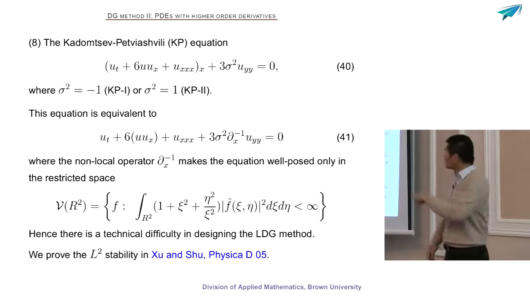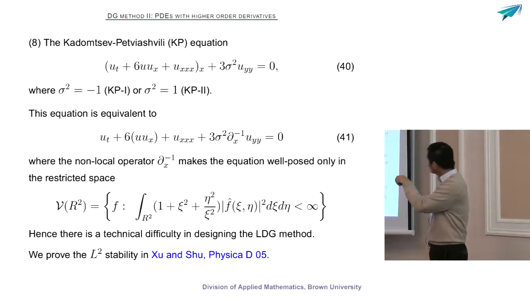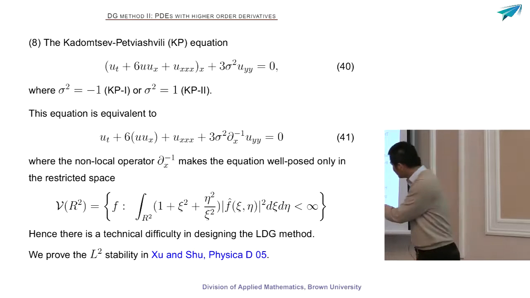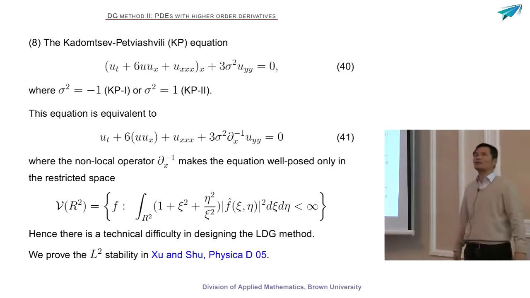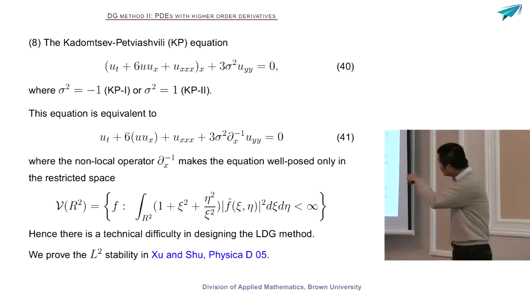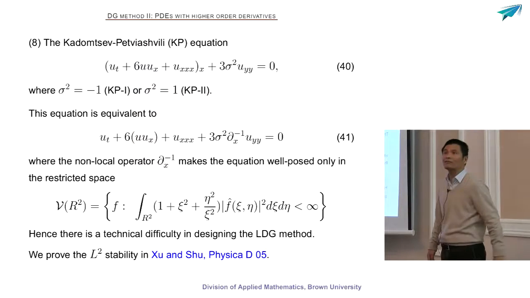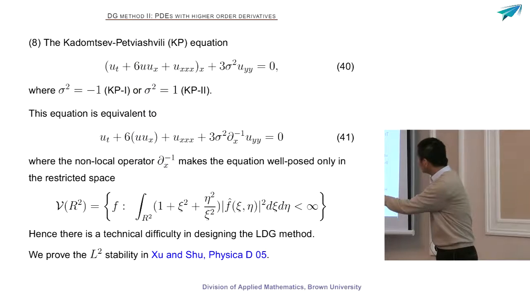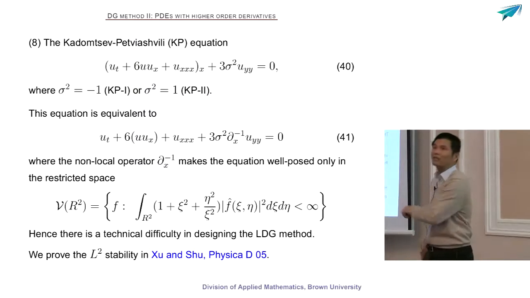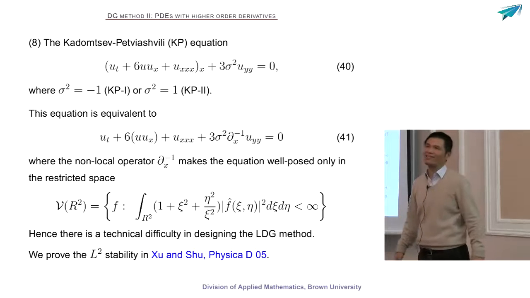The equation, this one actually took us a lot of time. This was actually Yang Xu's PhD thesis, so it was given to her at the beginning, but it took her a lot of time to finish because of this extra x derivative outside. So you can see that you have this u_t with an extra x derivative. That means your solution is not unique. Your solution is unique only in this restricted space. Because otherwise you can add a constant, it will still be a solution, right?